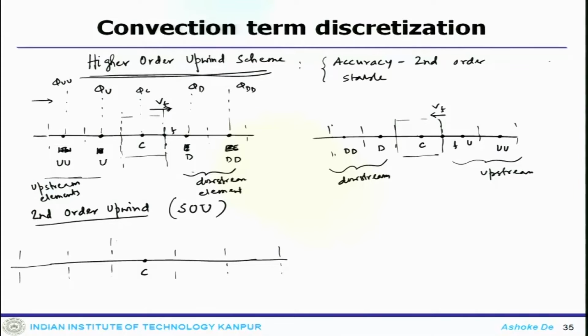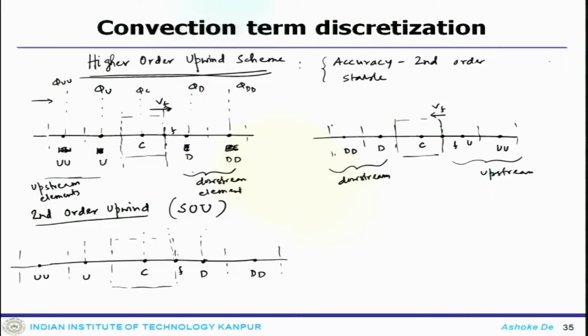Now, at this particular element, this is the face, and the values which are upstream of it, let us say this is U, this is UU, this is D and this is DD. So, if you consider the values between all these, they will go like that.